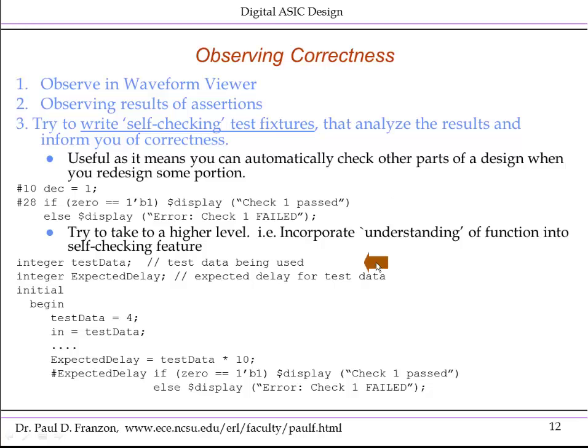You can generalize upon this even further by calculating within the test fixture what the expected result is. For example, here, if the data going to the countdown timer is 4, you expect it to take 40 nanoseconds to reach 0, so you calculate that. Then do this hash expected delay.